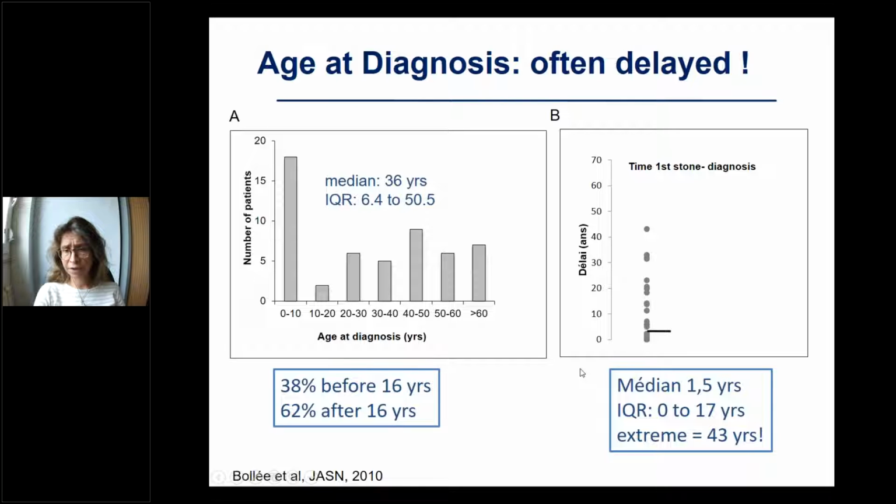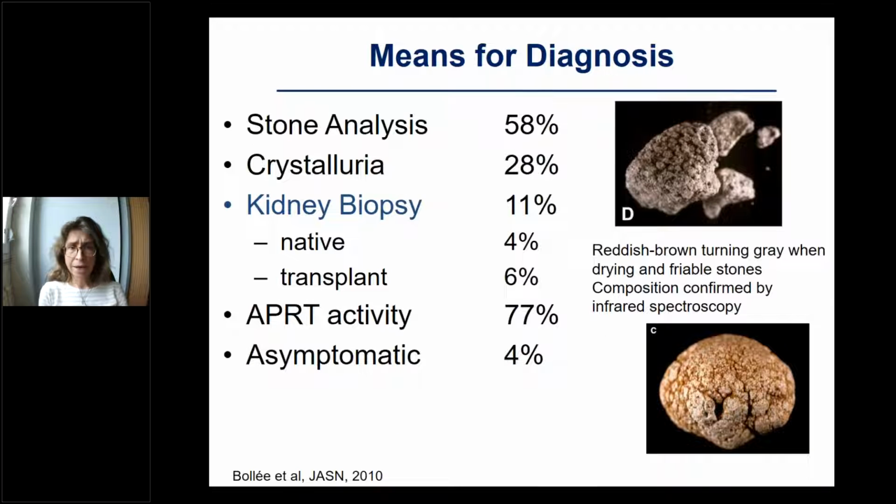So there is a very important delay between the time of first stone and diagnosis. The median is 1.5 years, but there are extremes up to 43 years. And our patient had the first stone around 35 years of age, and the diagnosis was finally done 20 years later. How should we perform the diagnosis?